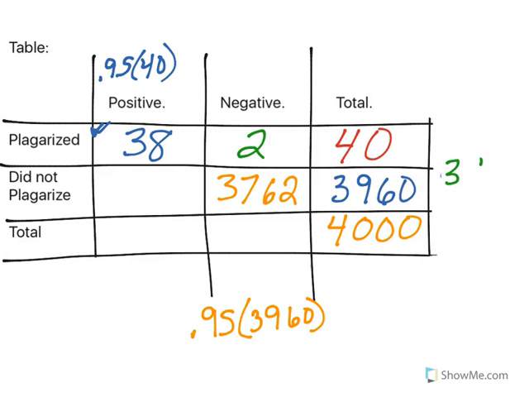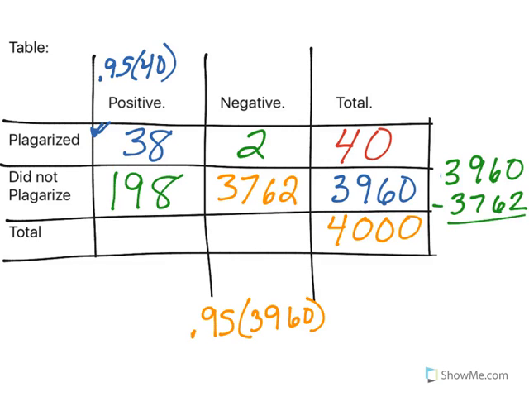Well, if I had 3,960 who did not cheat and 3,762 of them tested negative, that means 198 of them tested positive. And we add, we simply add up and down to find out that 236 students will test positive, meaning they show that they failed the test and that they plagiarized. And 3,764 students will test negative, assuming they did not plagiarize.